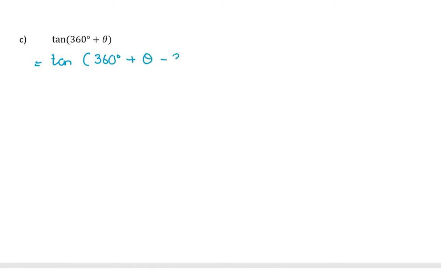So if you had this, you could just subtract 360 degrees, which means it would just simplify to tan theta. Or you could think about what 360 degrees plus theta meant. 360 degrees plus theta means around 360 and then through theta again. So you could just do reduction. You could just say, gosh, this will be in quadrant 1, so tan is positive, and so it's positive tan theta.